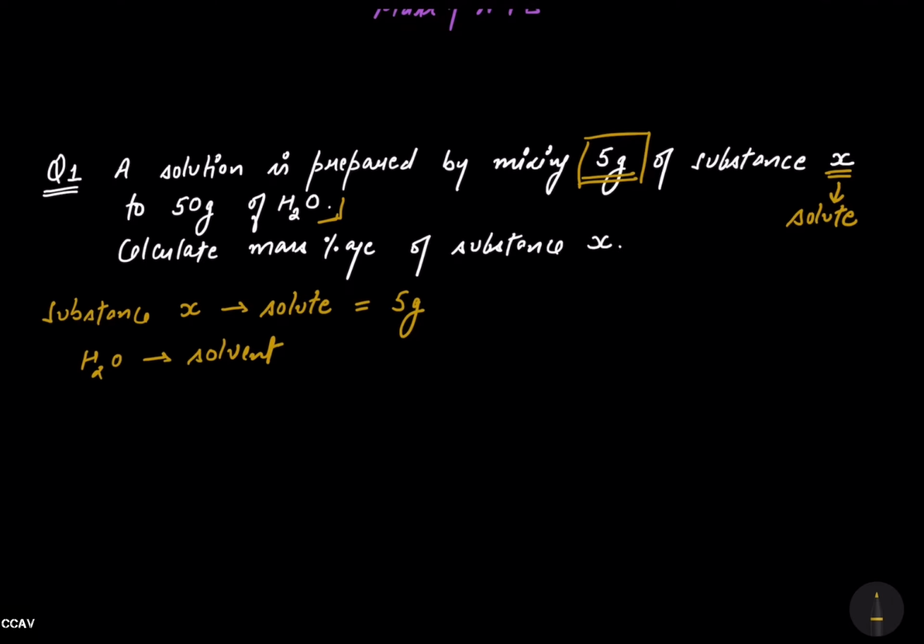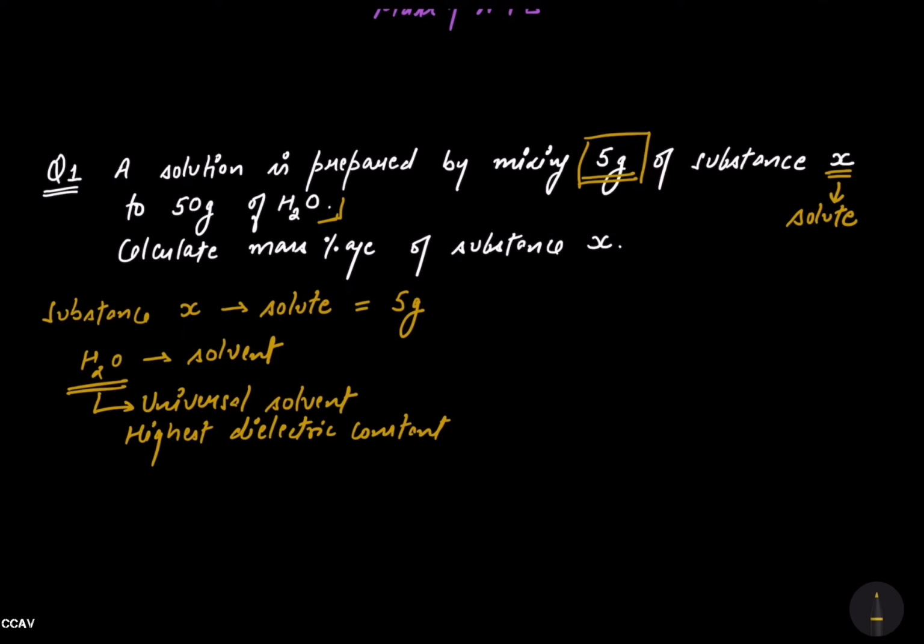My dear students, I would like to mention here that water is the universal solvent. It remains the solvent. Water will never act as solute in any case, because water has the highest dielectric constant, and that value is 79.